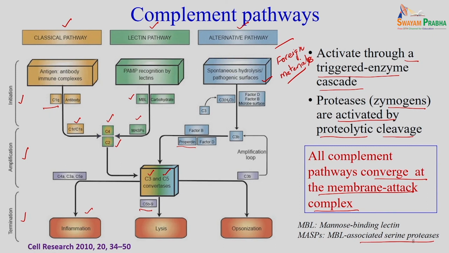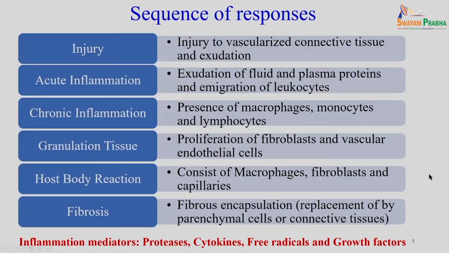So, ultimately what is happening here is that some foreign material comes inside the body, and it gives a foreign body response, and for the foreign body response these are the complement pathways: the classical, lectin and alternative pathways.